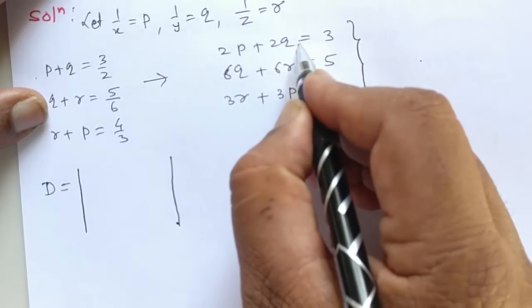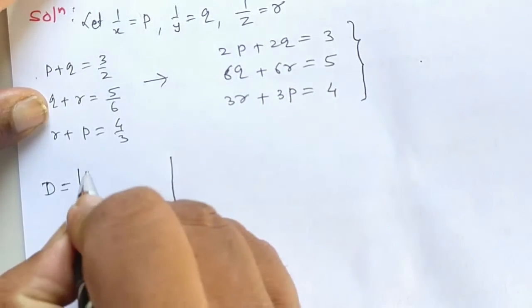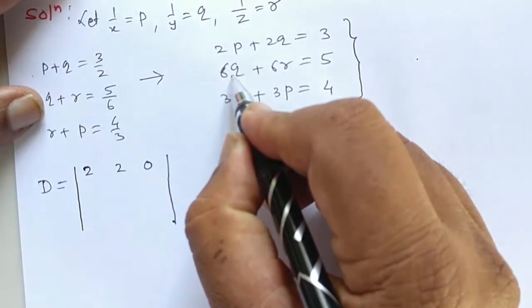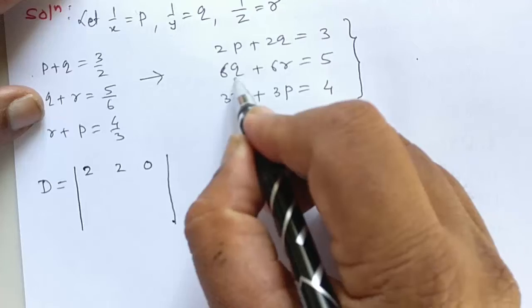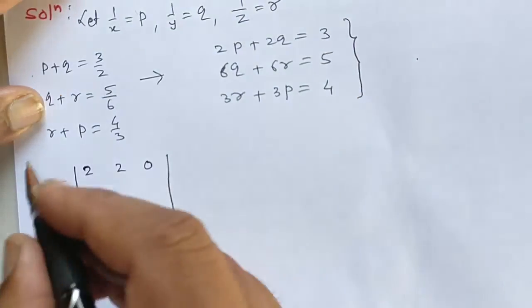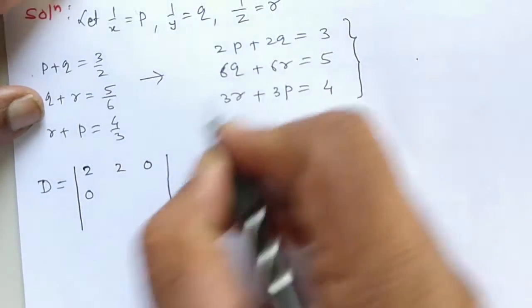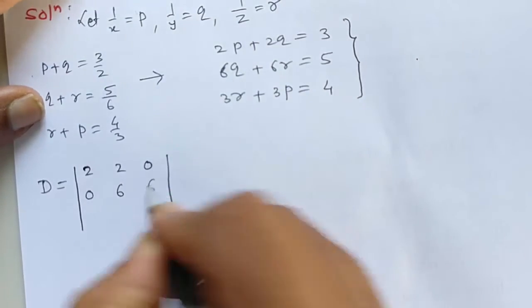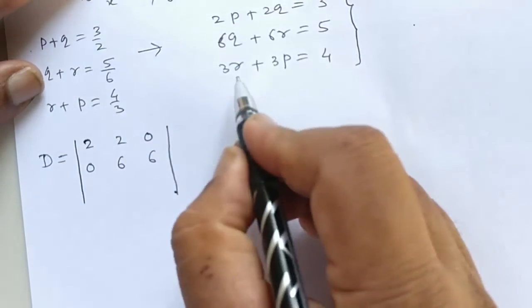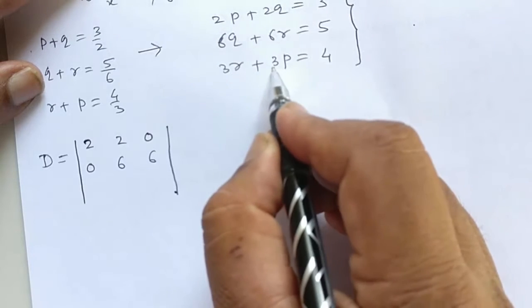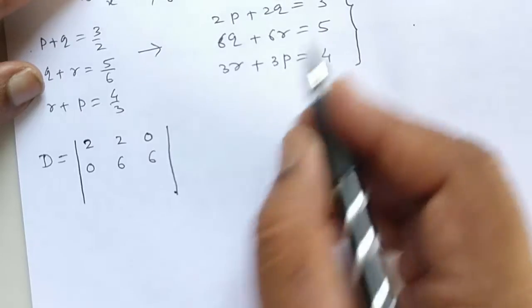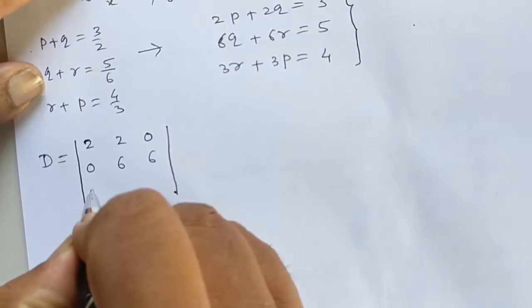There is no r, so coefficient of r is 0. 2, 2, 0. In second equation there is no p, so coefficient of p is 0. Coefficient of q is 6, coefficient of r is 6. Then equation number 3, there is no q, so coefficient of q is 0. Coefficient of p is 3.